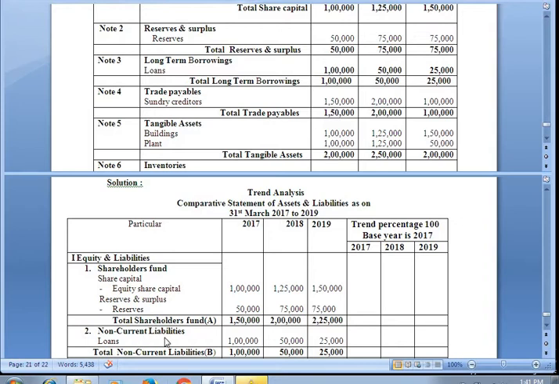Next one is non-current liabilities. In non-current liabilities we have loans. Here you can check in note number 3 the details of non-current liabilities, that is long-term borrowings. How much? 1 lakh 50,000 and 25,000.